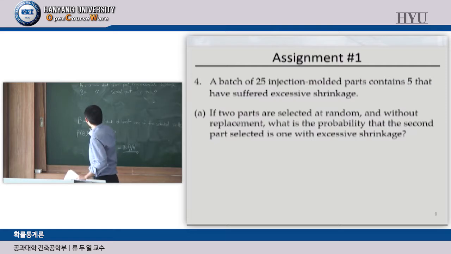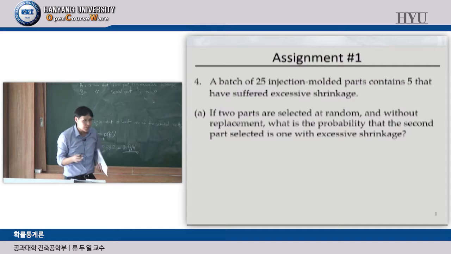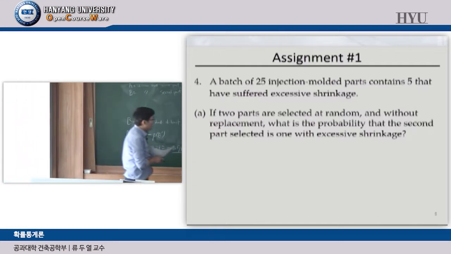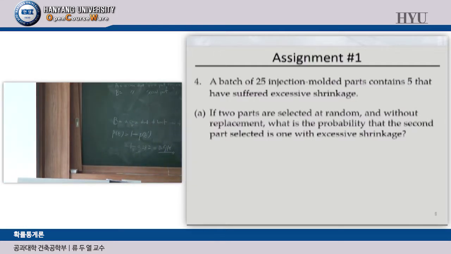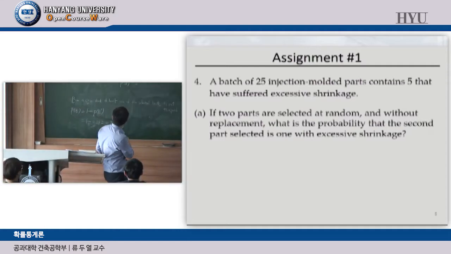If we denote that A is the case that the first part has excessive shrinkage, and B denotes the case that the second part has excessive shrinkage, what is the probability that the second part selected is the one with excessive shrinkage? We have to find the probability of B, right? Because we denote B as the case that the second part has excessive shrinkage.